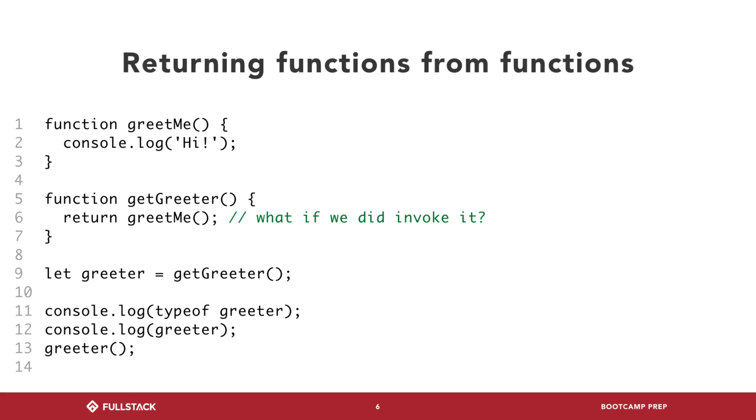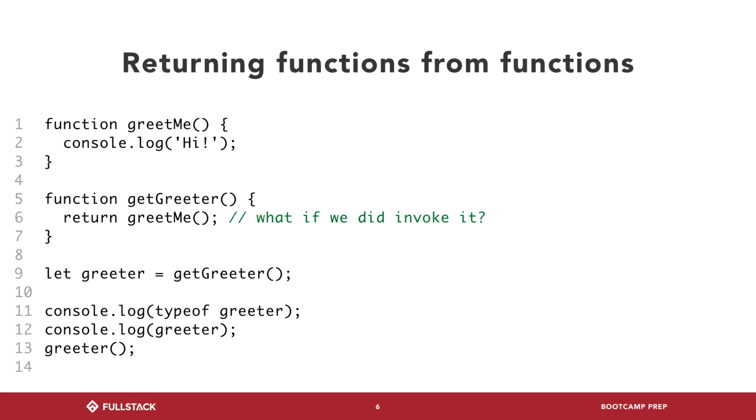Hi. Oh, hi. Anything else? Are you referring to line 2? I'm referring to as I carry through line 9. What does greeter equal? That's the base of the question.